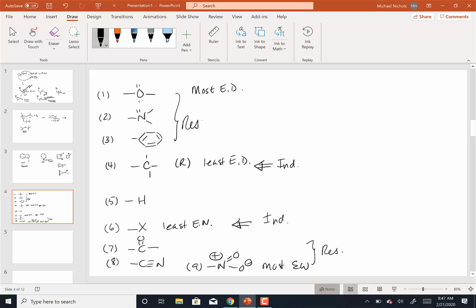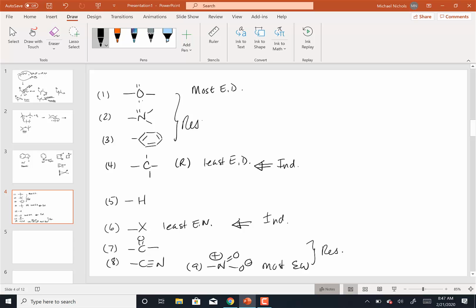Now, you could make an argument that the nitro group with the plus charge is both induction and resonance, and I think if you said both, I accepted that answer on the quiz. But really, induction is going to be just for halogens and alkyl groups, and resonance is for everything else.